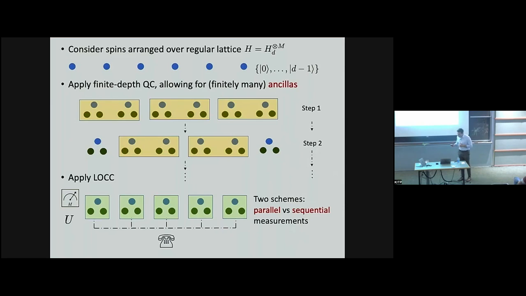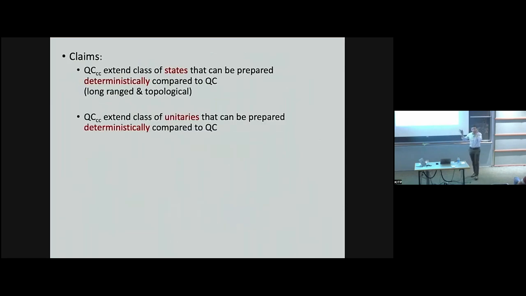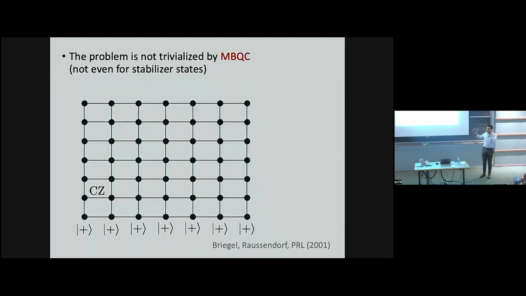Okay, so the two claims then is that this class, which is fairly simple, already allows us to prepare more states than simply quantum circuits, but in fact to prepare unitary operations that would have required a very deep quantum circuit. Now, before giving a very simple example, let me stress why this problem is not trivialized by measurement-based quantum computing, and not even for Clifford states. So suppose that I want to prepare some one-dimensional quantum state within the framework of measurement-based quantum computing.